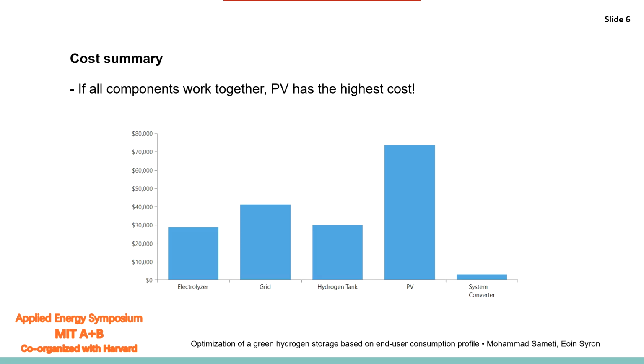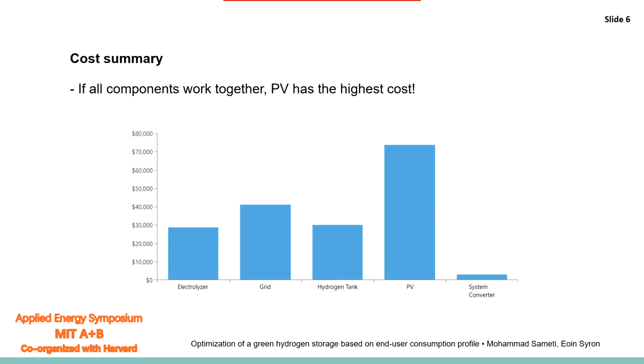So if you look at the cost of each component for the last row, which is the lowest emission one, as expected, we see that PV has the highest cost, and that cost is basically associated with the capital cost of the PV, because the operating cost is very, very low.